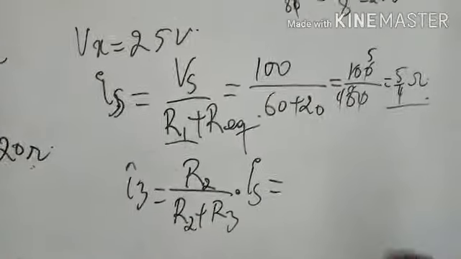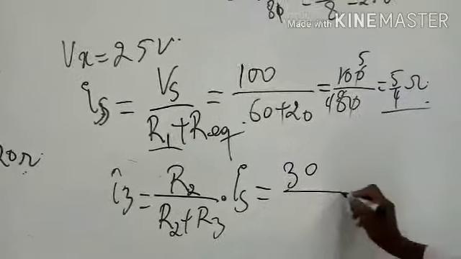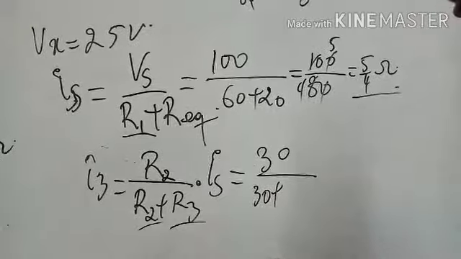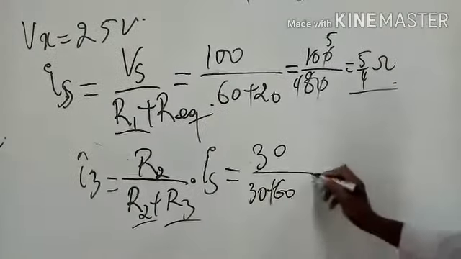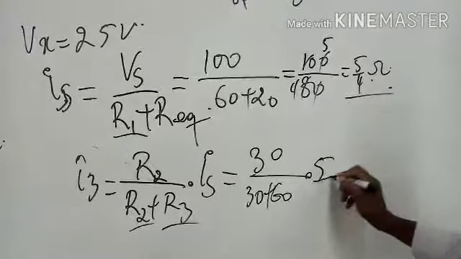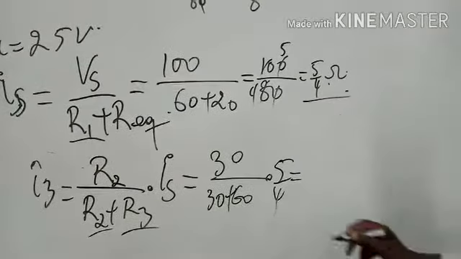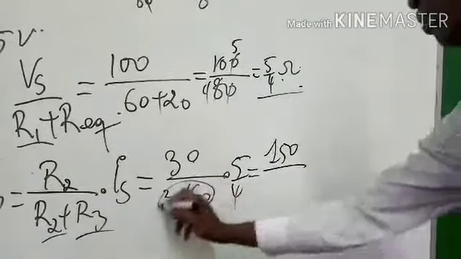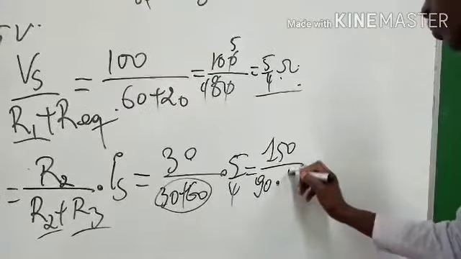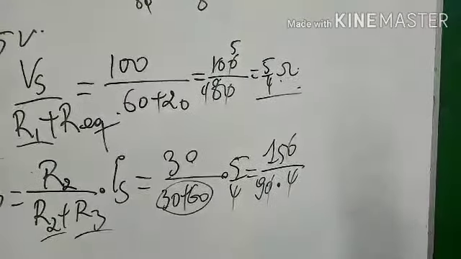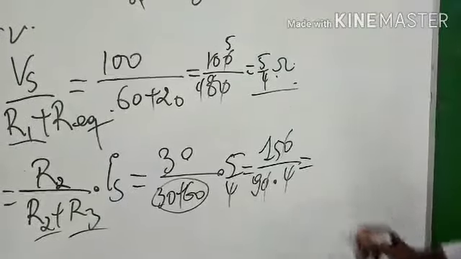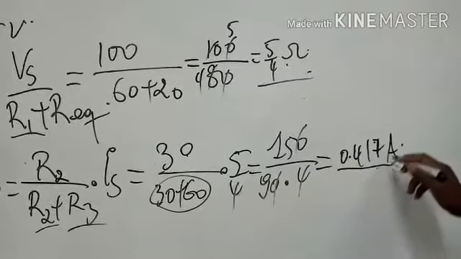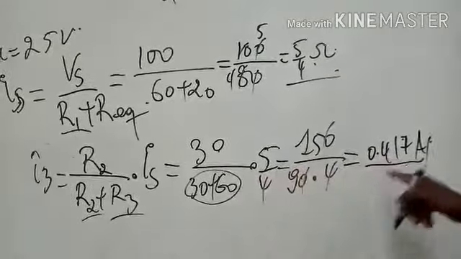Then it means that we get 30 over 30 plus resistance 3, which is 60, times the current, 5 over 4. Then here we get 150 over 90 times 4. Let's simplify, and after calculating, this is the solution for our asked question I3.